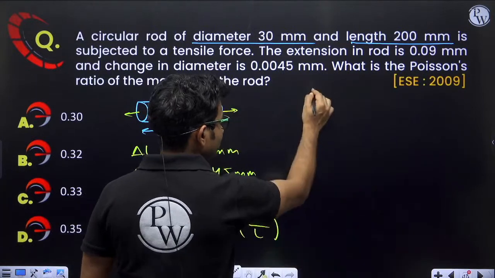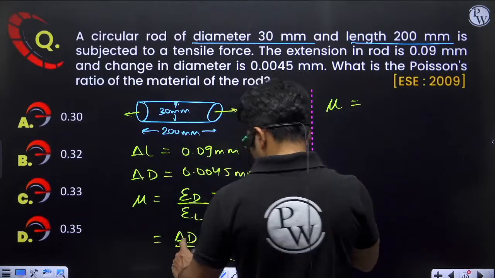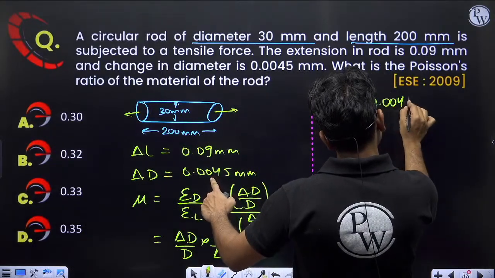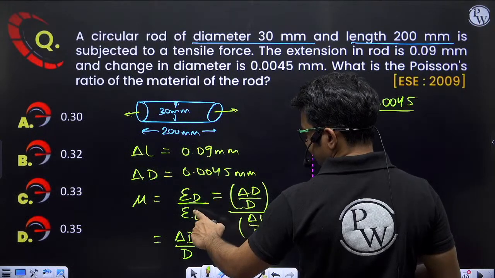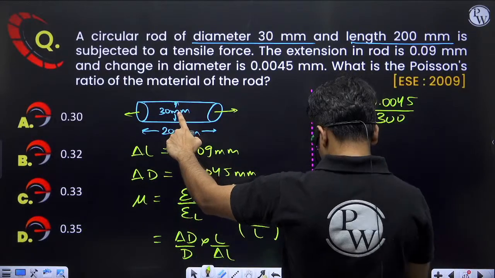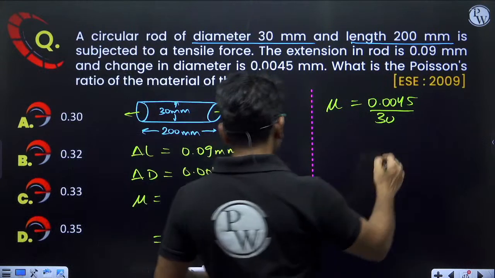So let us calculate Poisson's ratio. Poisson's ratio will be equal to delta D. What is change in diameter? 0.0045 divided by D, the original diameter, 30 mm. Then I have to multiply length.